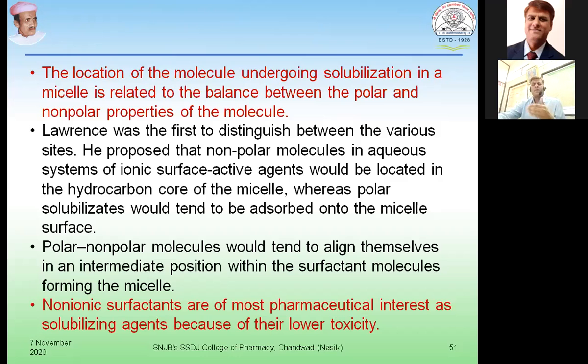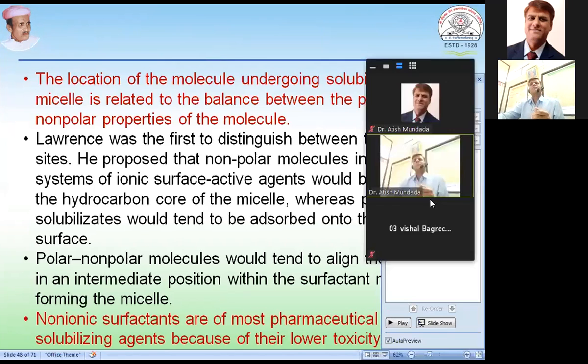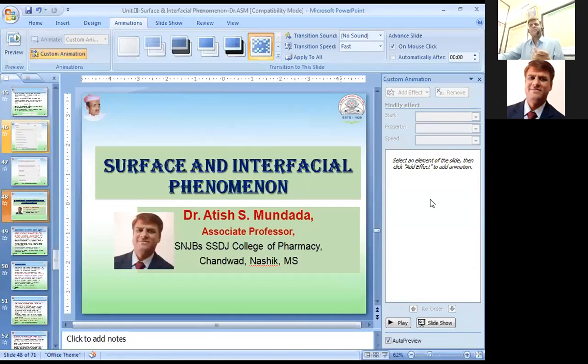There are different grades of SPAN available: SPAN 20, SPAN 40, SPAN 60, and SPAN 80. Whereas Tweens, that is polyoxyethylene sorbitan esters, are the hydrophilic version of SPANs.